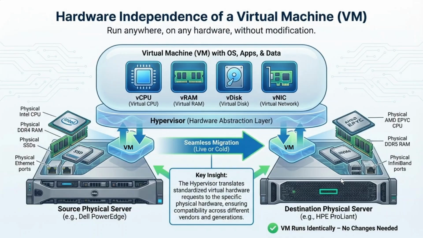Still, our VM runs exactly the same on both systems. This is because in both cases, our VM only interacts with the virtual hardware that is presented to it by the hypervisor. It is the hypervisor that translates all the different types of hardware into a common type of virtual hardware for the VM. This is what makes virtual machines hardware agnostic.